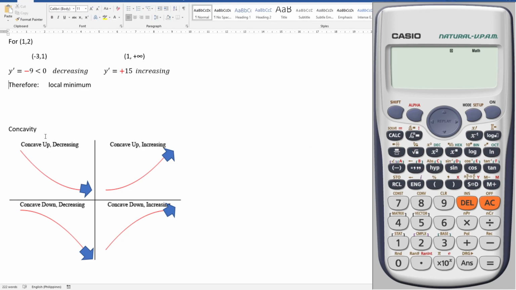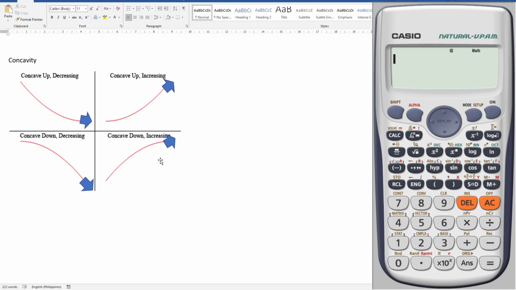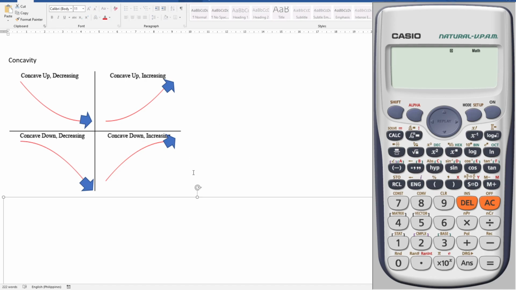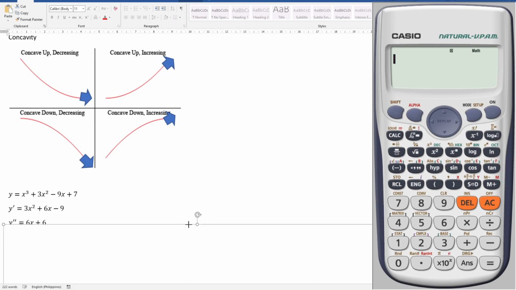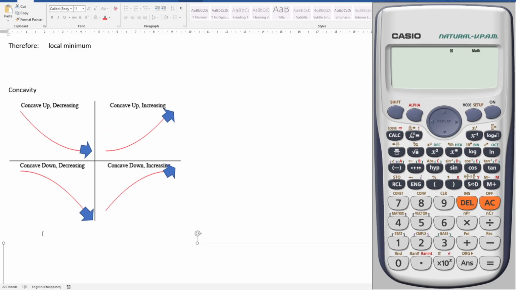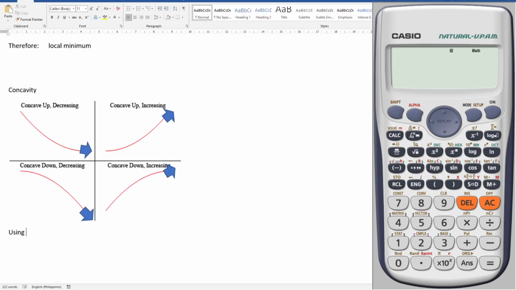We have concave up decreasing, decreasing because its direction goes downward, and increasing when its direction goes upward. Then we have concave down decreasing, and concave down also increasing. So how do we know if our function is concaving downwards or concaving upwards?